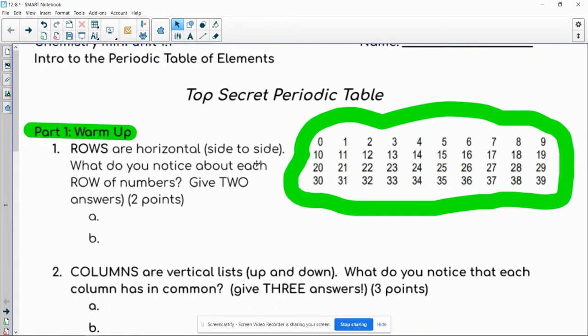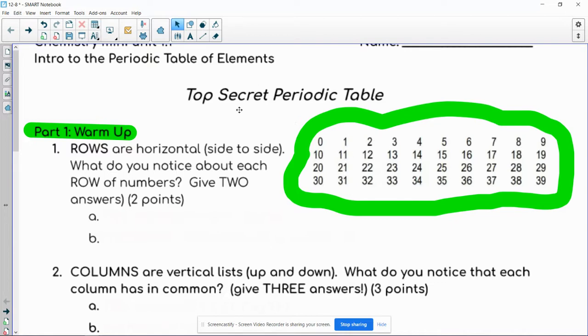So first of all, when we talk about the periodic table of elements, we'll talk about families, we'll talk about columns, rows. So rows will go horizontal this way, and columns are vertical and families are vertical.